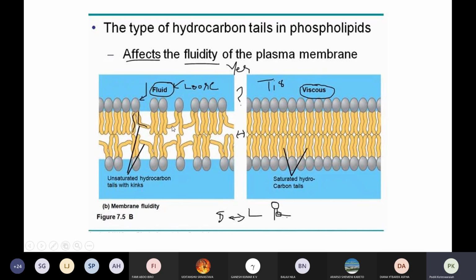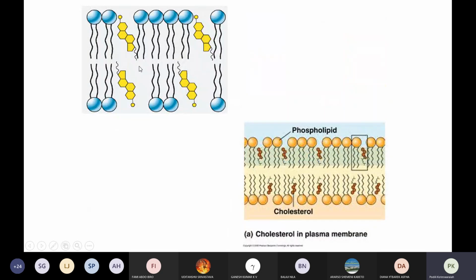Whereas unsaturated fatty acids pack very loosely, and that's why they increase the fluidity of the membrane. In addition, cholesterol, a bulky molecule and a derived lipid, when present between the phospholipid molecules, decreases the close packing of the phospholipids. As a result, the fluidity of the membrane also increases.